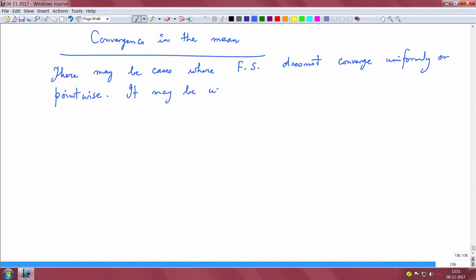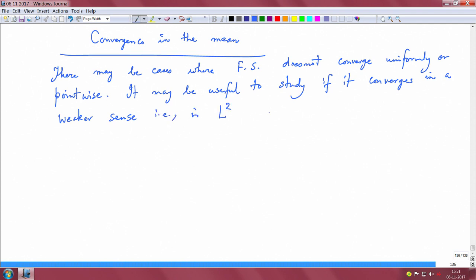It may be useful to study if it converges in a weaker sense, that is in L2, in the mean. So, I already gave you a hint that this is a weaker notion of convergence. So, therefore, you know sort of an answer to the previous question.